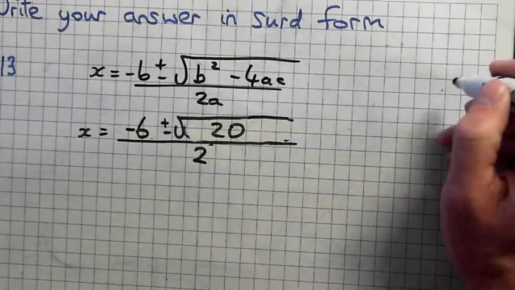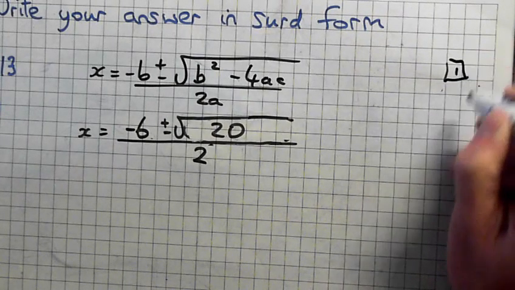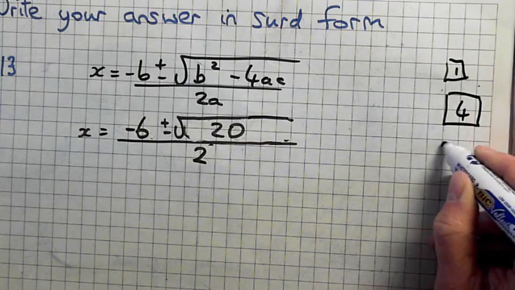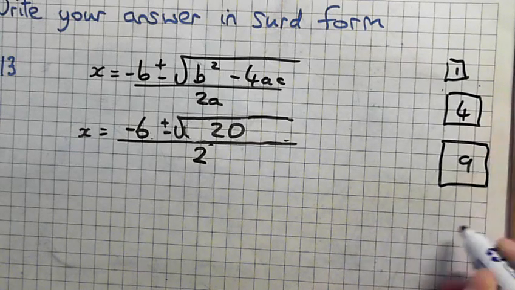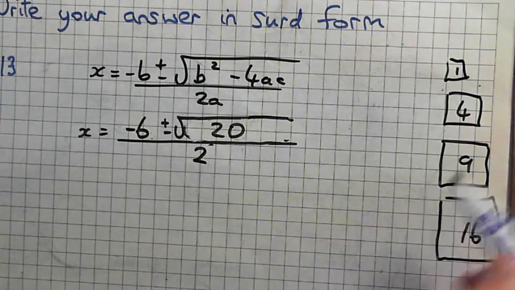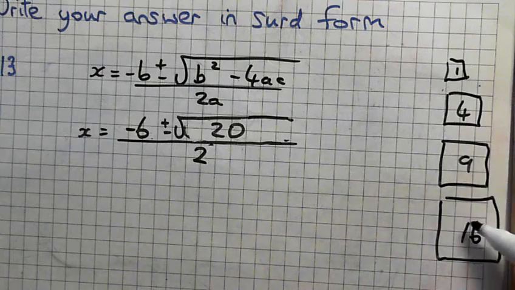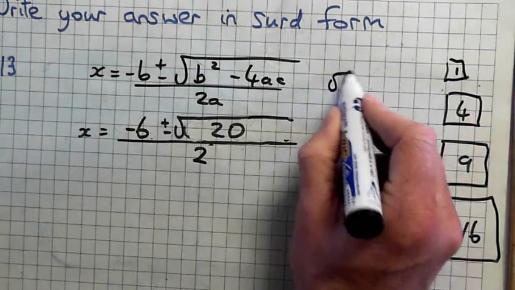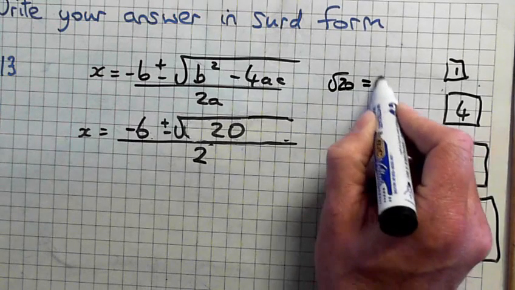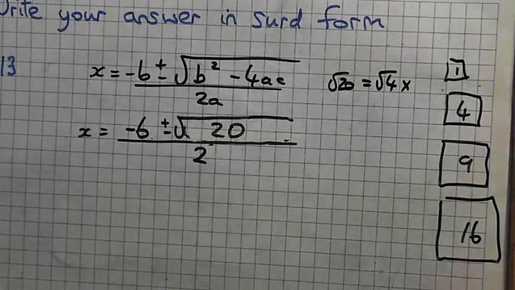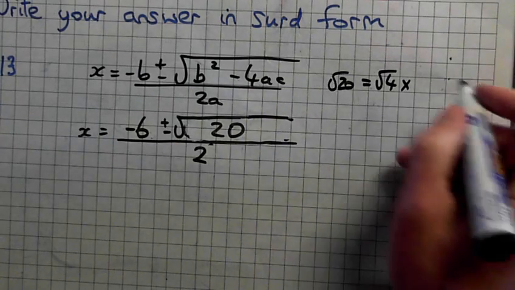Our square numbers were 1, 2 by 2 is 4, 3 by 3 is 9, 4 by 4 is 16. Which one of these square numbers will divide into 20? 4. So the square root of 20 is equal to square root of 4 times what? Square root of 5.